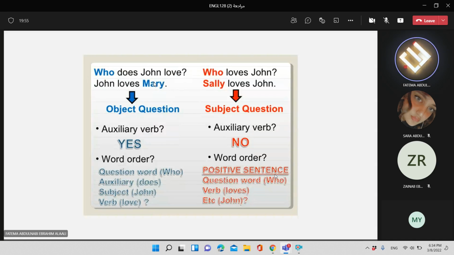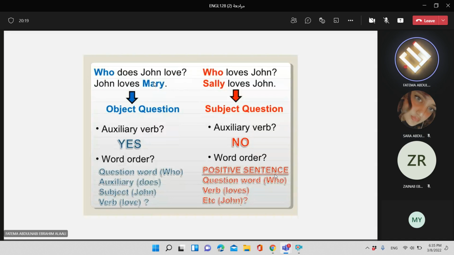Cats is a thing, it's an animal. So should we use the WH word who? No, we should use what: what does John love? Is it clear? We have to choose the WH word that suits the object.